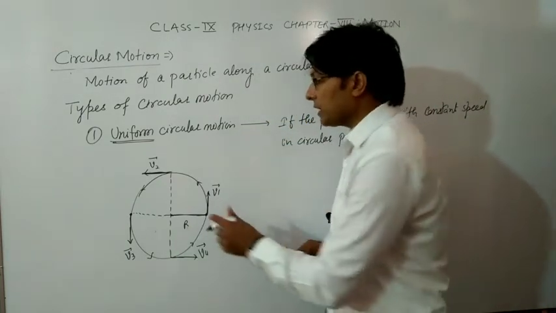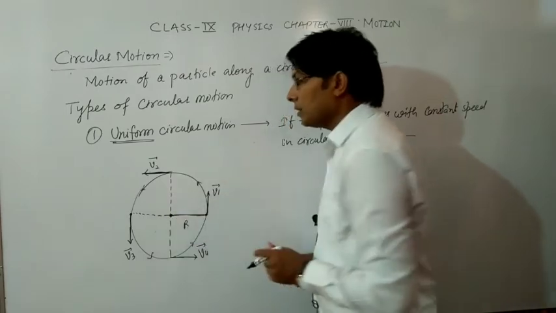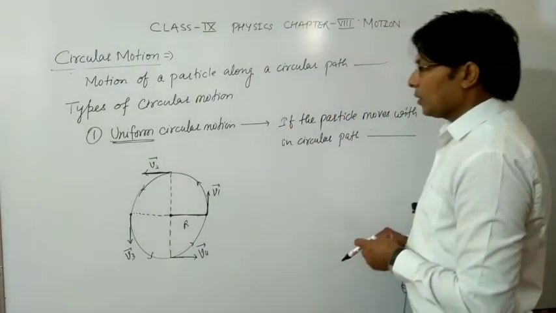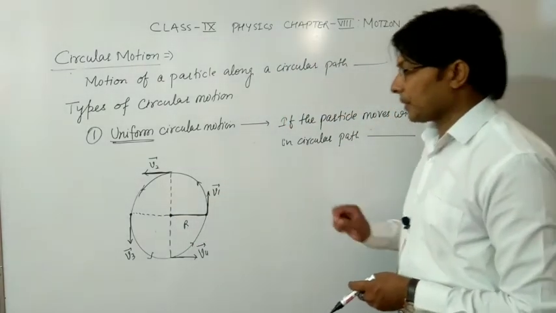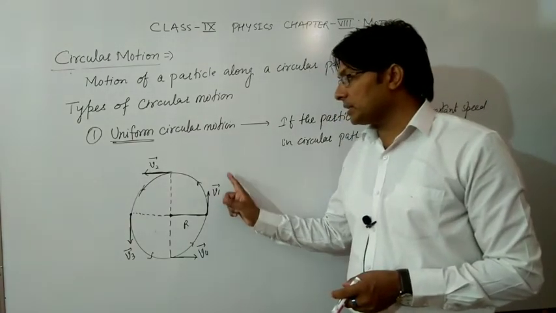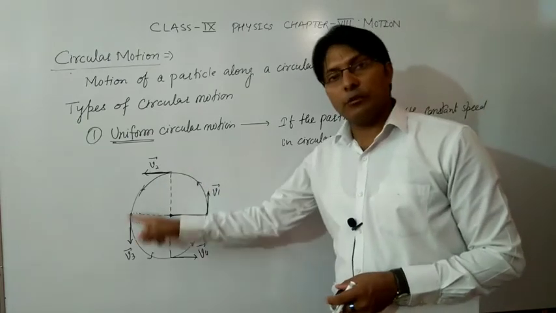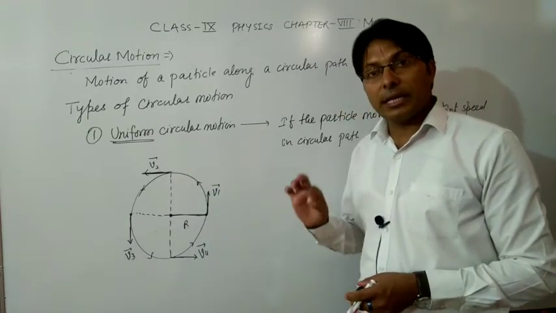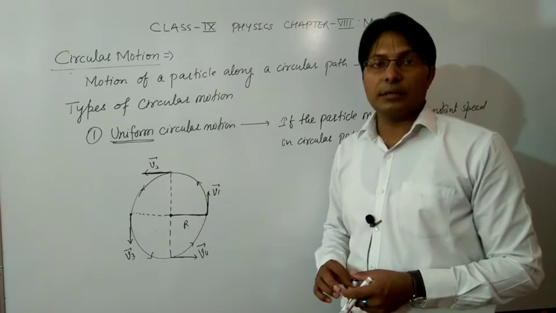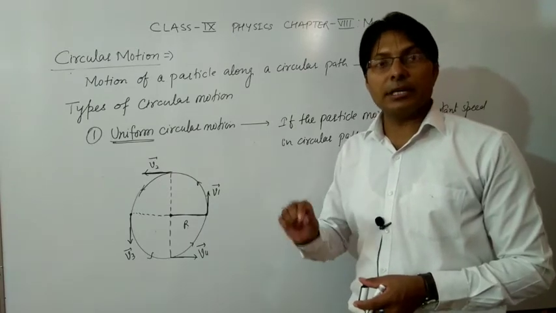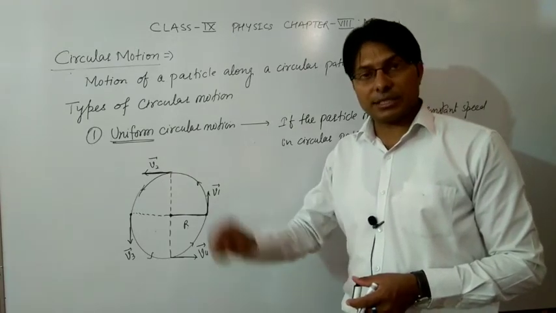So this is the perfect diagram of uniform circular motion, you can say. Since the direction keeps on changing, the velocity will be different at different points, and if velocity is changing with respect to time, then definitely there will be an acceleration.